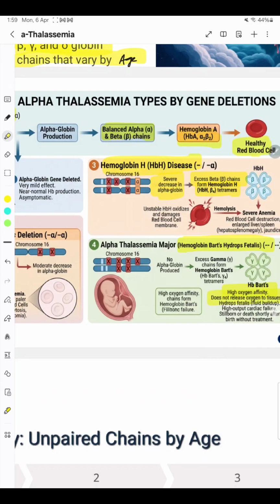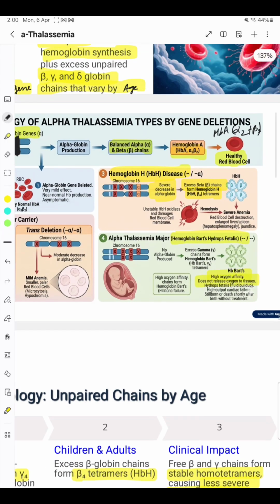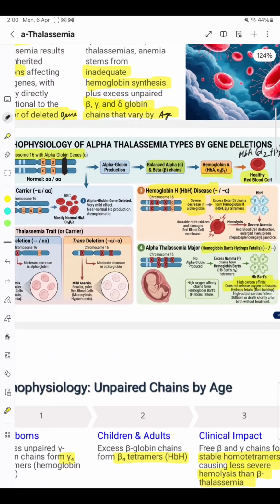And in healthy blood RBC, there is HbA or adult hemoglobin, which is composed of 2 alpha chains and 2 beta chains. Unlike alpha globin, beta globin is encoded by 2 beta globin genes, and alpha globin chain is encoded by 4 alpha globin genes.